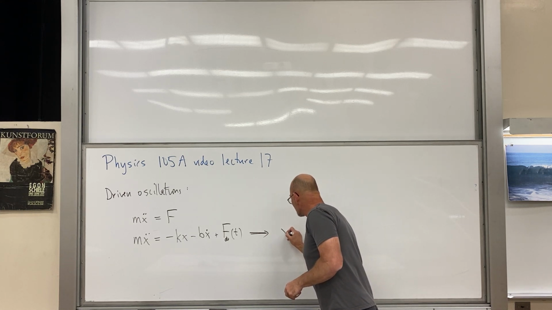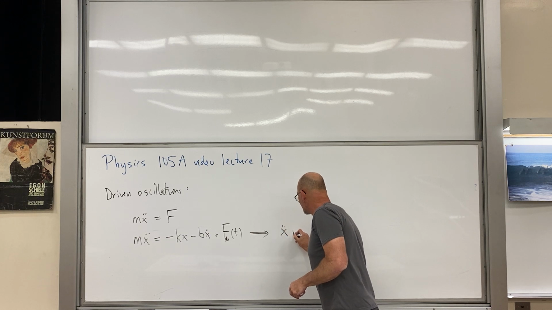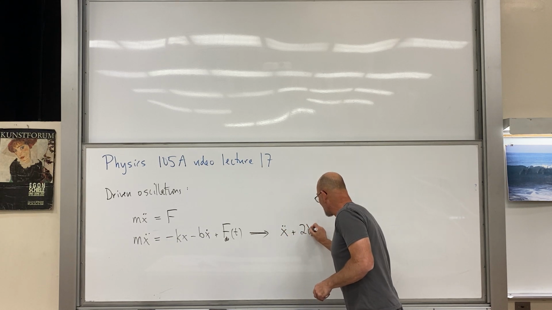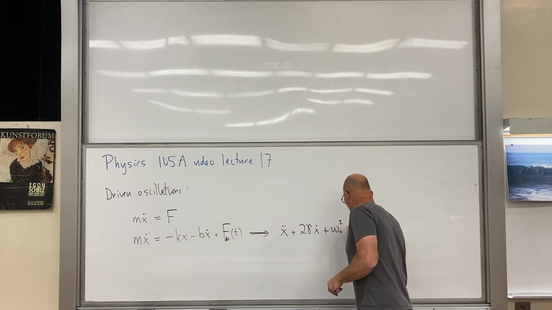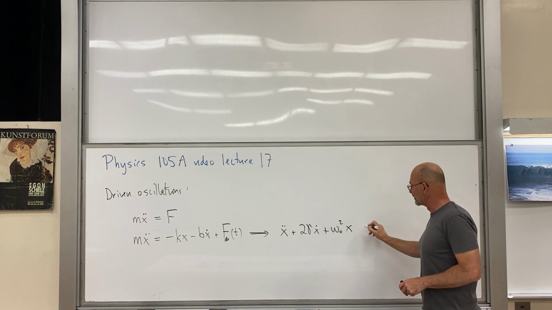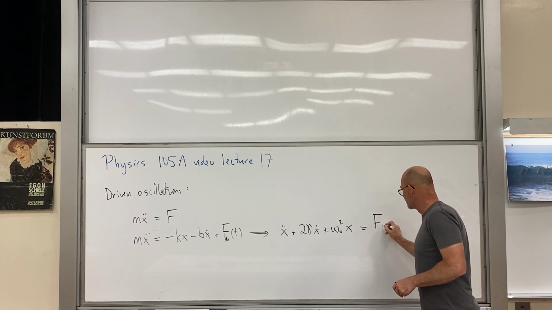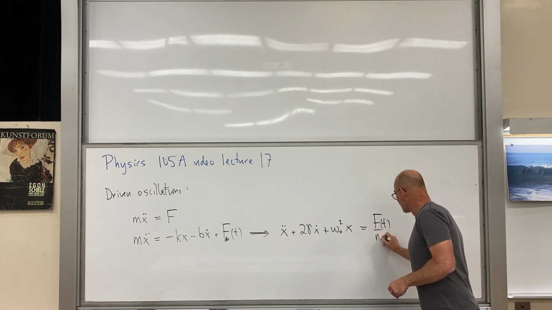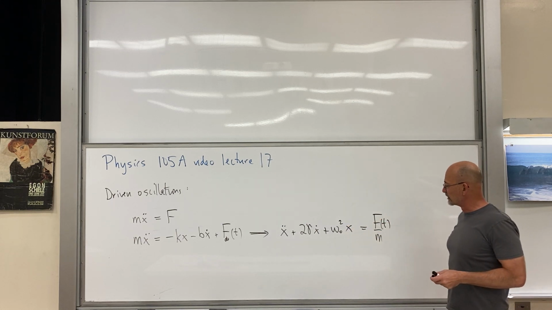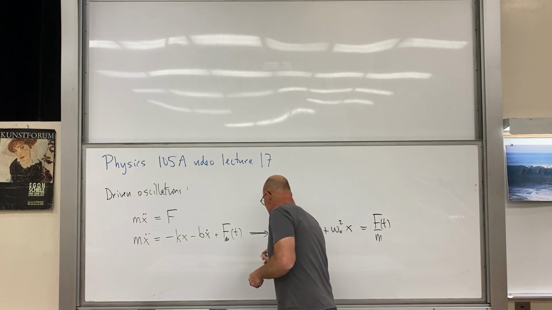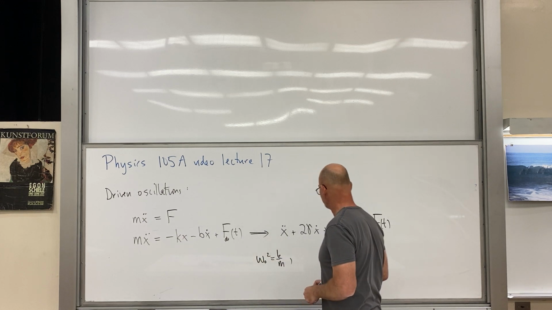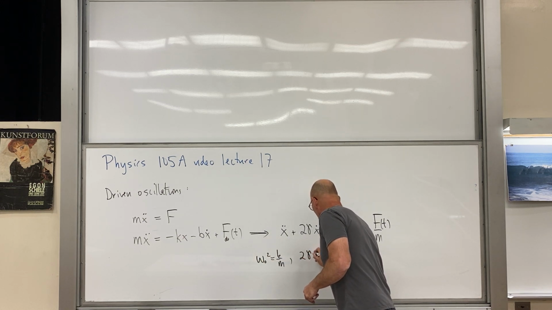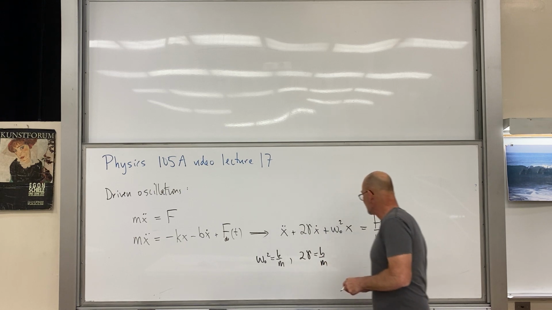So now our differential equation is x double dot plus 2 gamma x dot plus omega naught squared x, and what's left on the right side is f of t over m. I'll ignore the subscript there. And of course what we've done is omega naught squared is k over m, and 2 gamma is b over m, just as before.